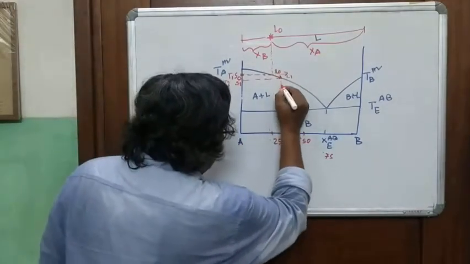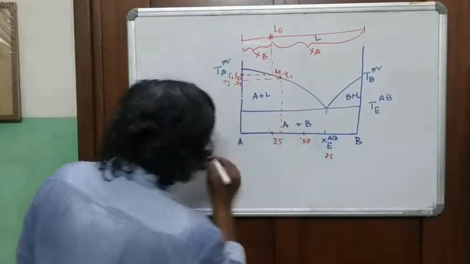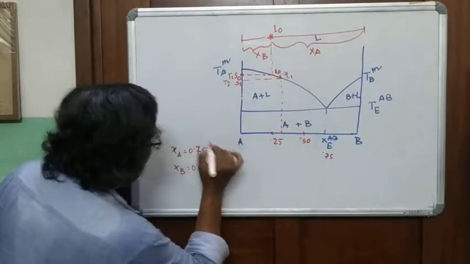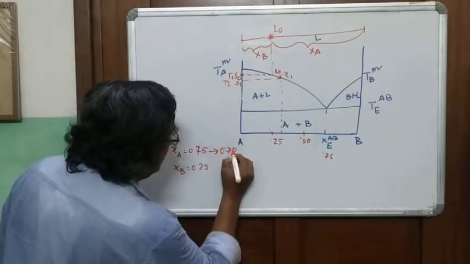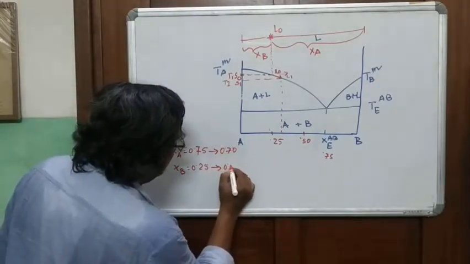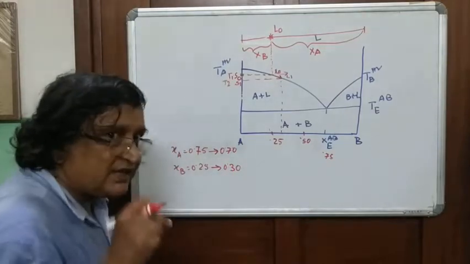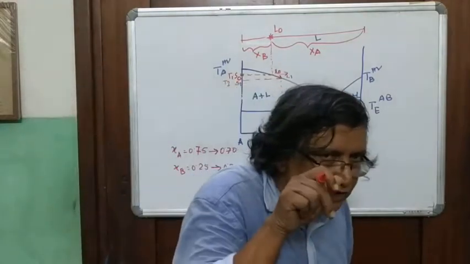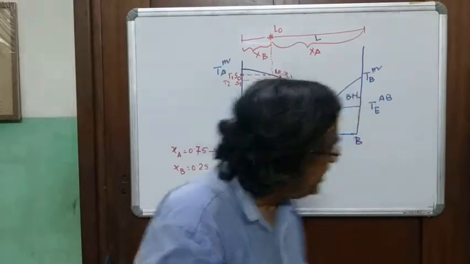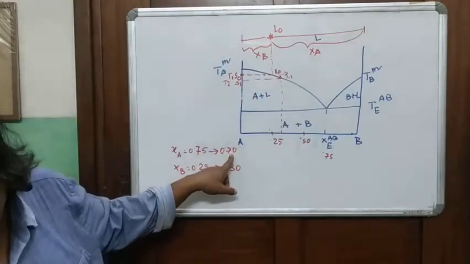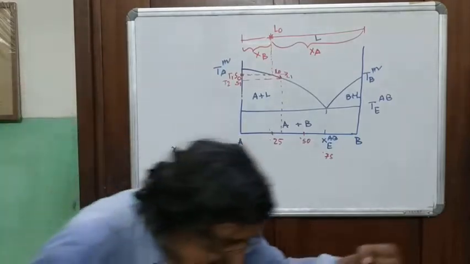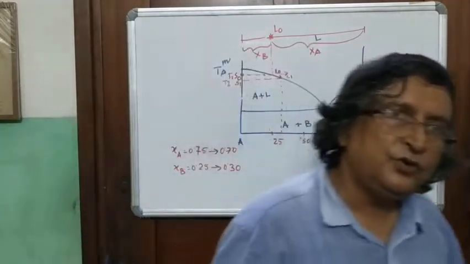Now you can draw a line here, and you see your liquid composition has changed, maybe from 0.75 to 0.70, and this has moved to 0.30. The liquid has become poorer in the A component, because A crystals have been taken out.